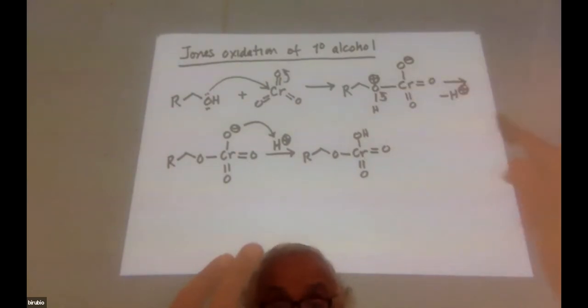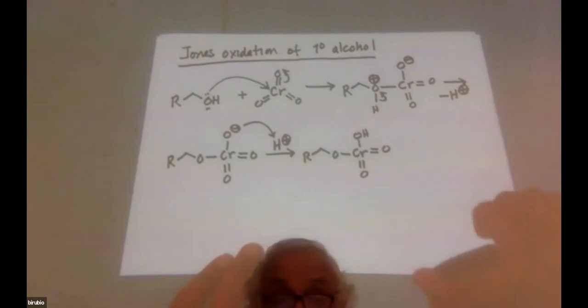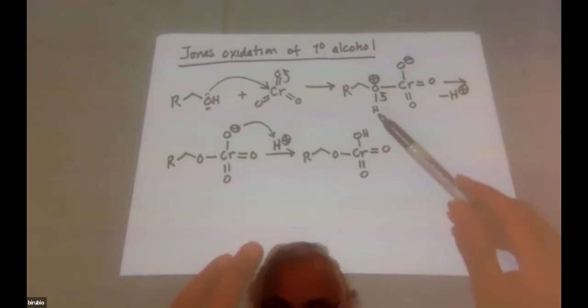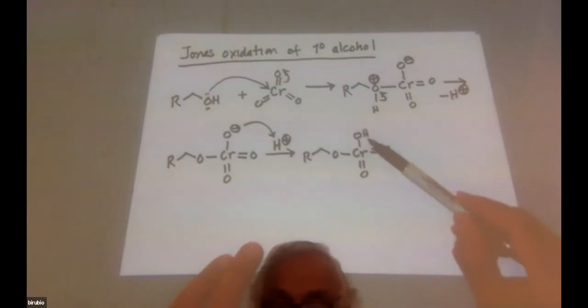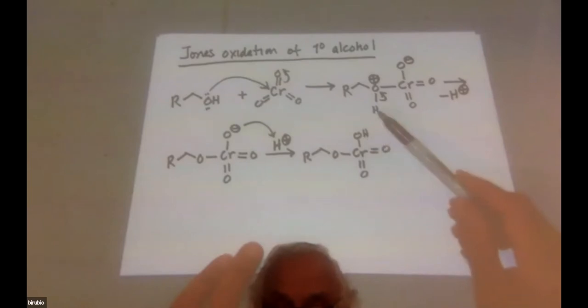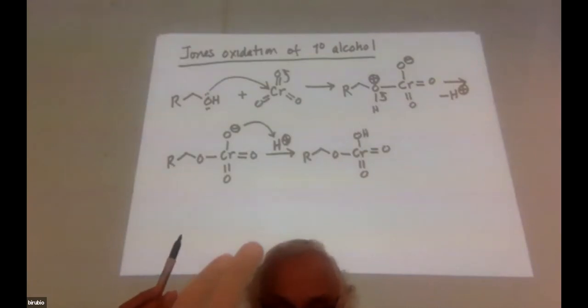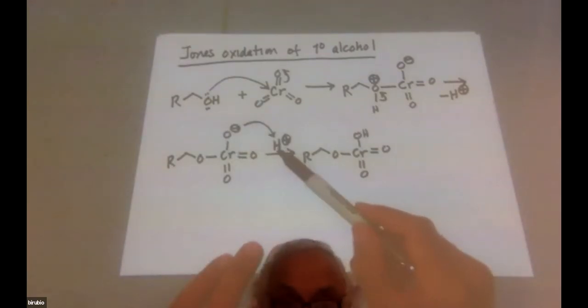And what do we know about 4-membered rings from Orgo 1? Very strained. To repeat, if this proton is Fred, this is not Fred here. This is Mary. This is Sally. This is somebody else. This proton went off into the solution and was never heard from again. But there are a lot of other protons in the solution. One of them came on here.